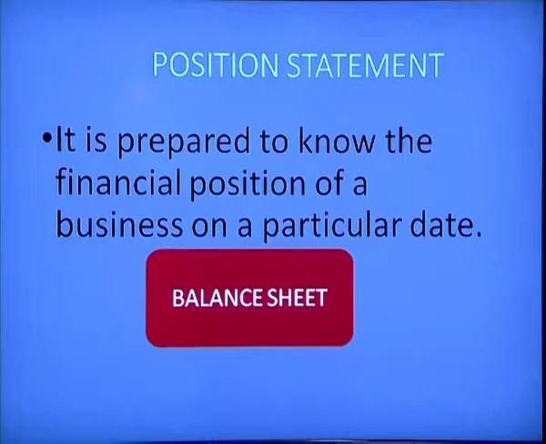Position statement is prepared to know the financial position of a business on a particular date. So, income statement is trading and profit and loss account. Position statement is balance sheet.